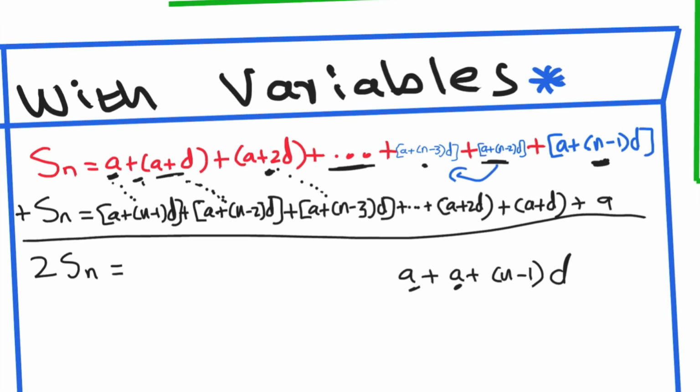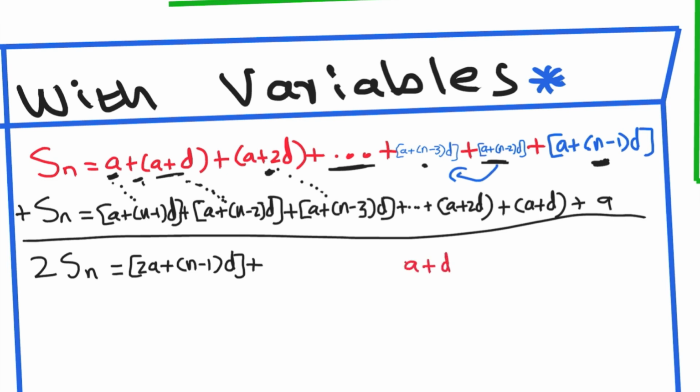It's going to be 2a plus n minus 1 into d. Then I close and I say plus. And then when I deal with the second terms as well, when I have a plus d, then plus this one here, a plus n minus 2 into d.